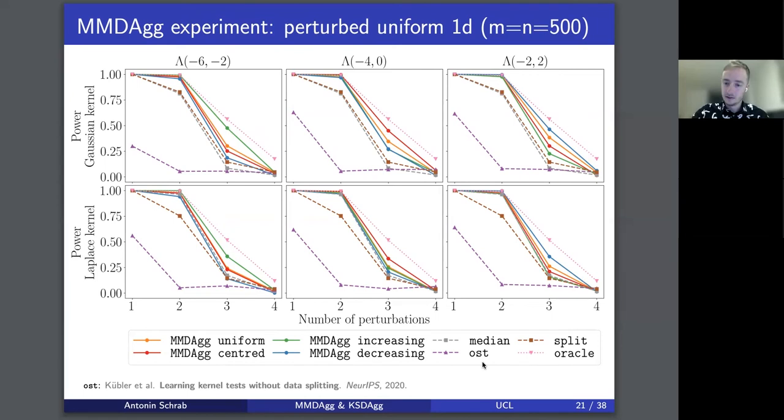And the OST test, the one-sided test, is a test that uses post-selection inference. It was introduced by Kübler et al., in the "Learning Kernel Tests Without Data Splitting" paper. But this test, unlike all the other tests that use a quadratic time estimator, uses a linear time MMD estimate.